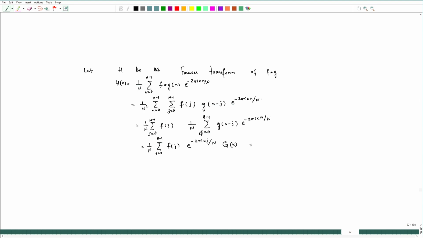So now the first quantity is nothing but f hat(k) and g hat(k). So, exactly it follows that the Fourier transform of f convolution g is going to be the Fourier transform of f times the Fourier transform of g.